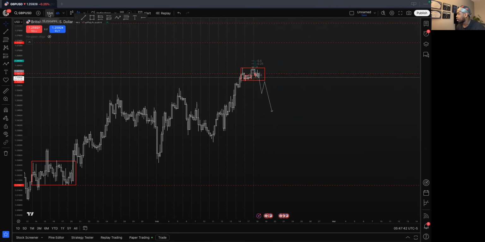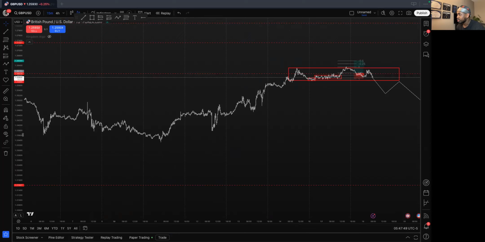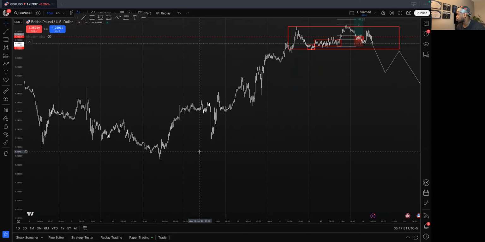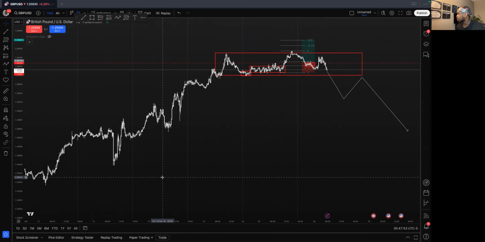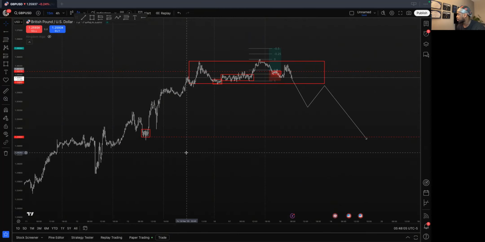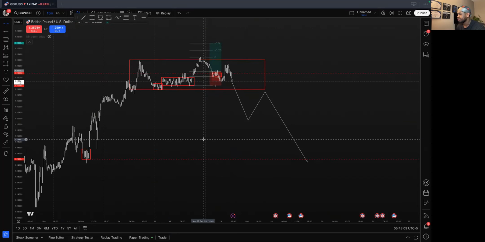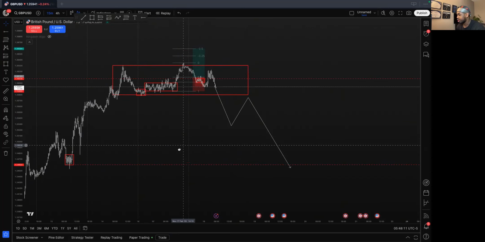Now, I am more than likely not going to be swing trading all the way down there, but just an idea for general direction. If I want to look for a shorter target, I could take profits right there. That could be within the trading week, I should say.